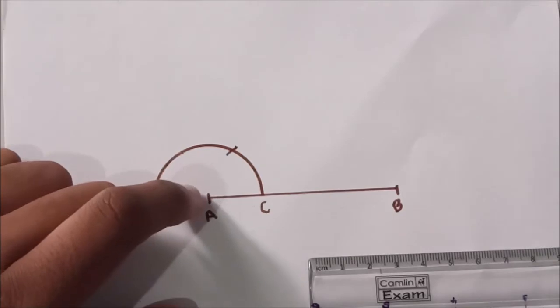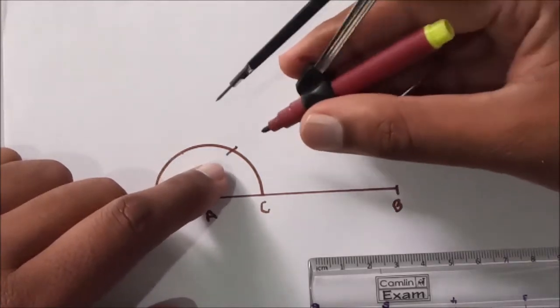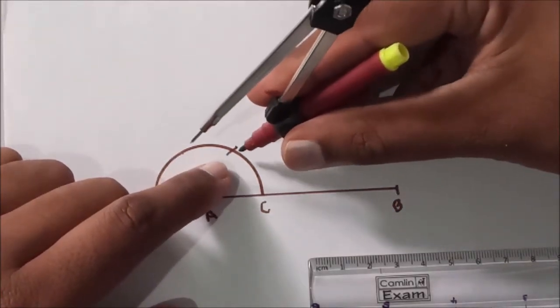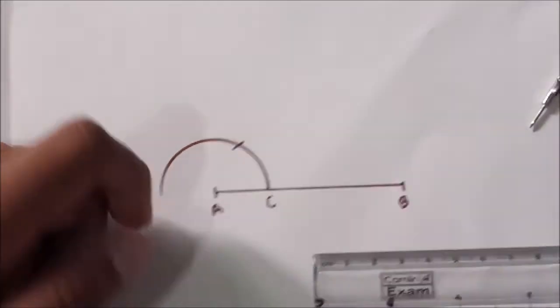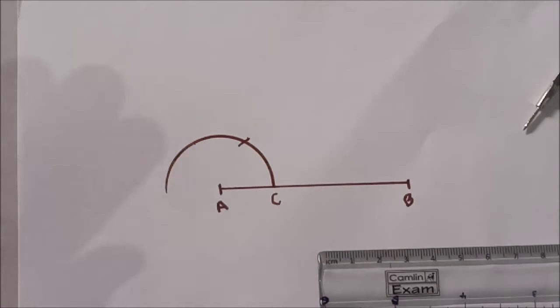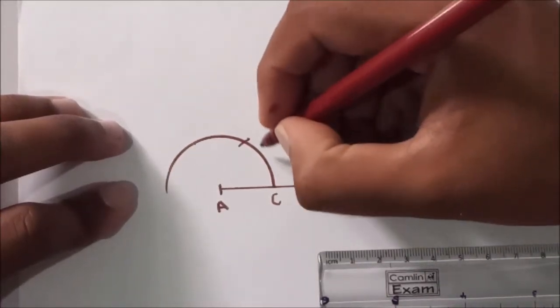If you see, this arc is bisecting the main arc. Now I'll mark this bisected point as D.